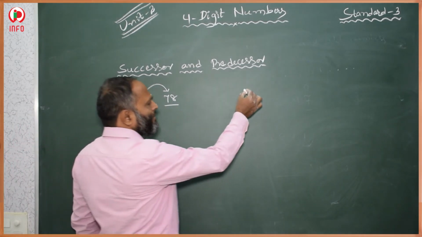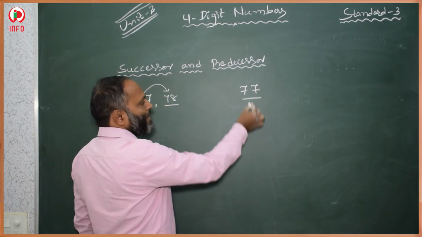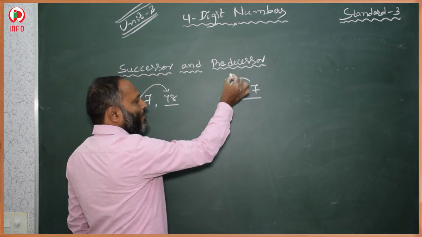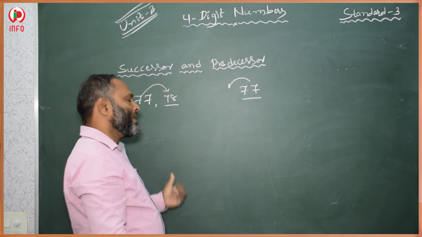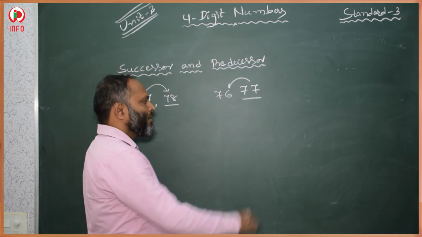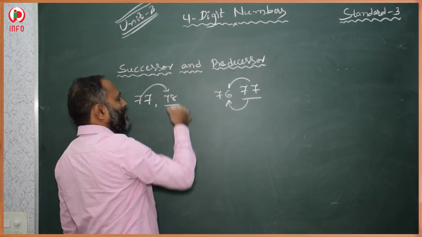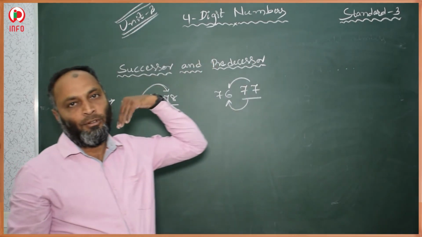Suppose the same number 77, what is the predecessor of 77? It means we have to write the number before it. What is the number before 77? It is 76. Predecessor is this, successor is this. Successor means after the number. Predecessor means before the number.